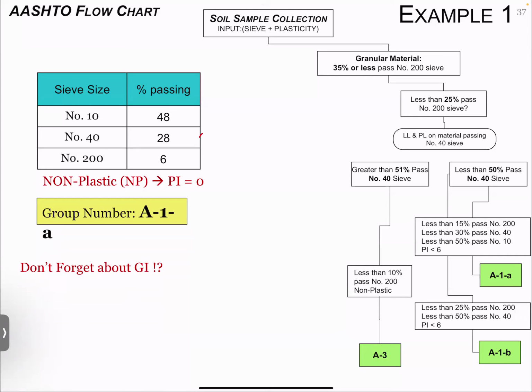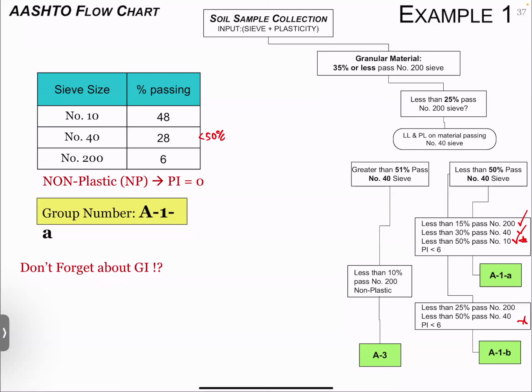Yes. Do we have less than 15% passing our number 200 sieve? Yes, because we have 6. Do we have less than 30% passing our number 40 sieve? Yes, because we have 28. And do we have less than 50% passing our number 10 sieve? Yes, because we have 48.